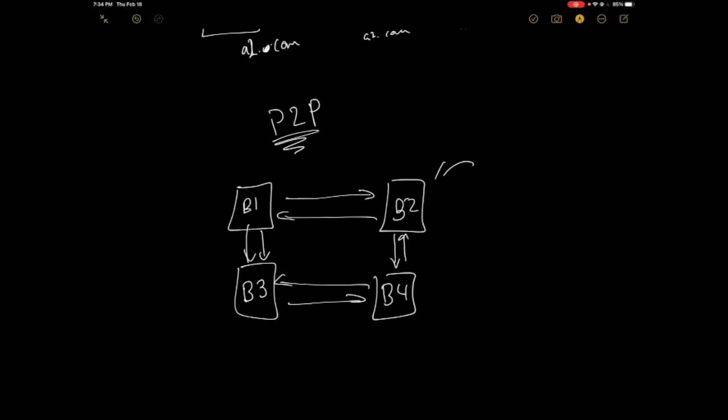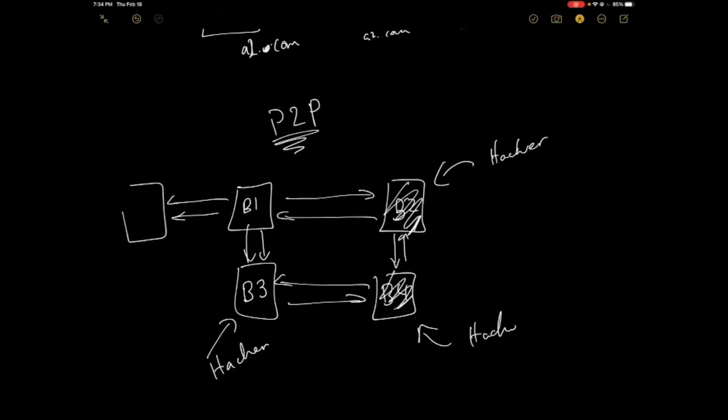And then a hacker will simply connect to one of these bots. So even if you take down this bot, then you could just connect to this bot instead. Take down this bot, or just connect to this bot instead. And then when a new bot joins the network, they join here as well. And so this P2P architecture is very useful because there's no central point to take down.